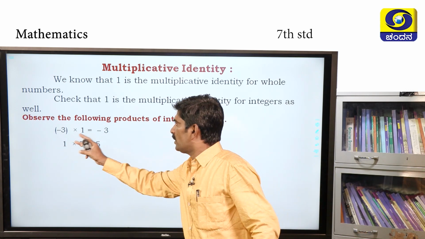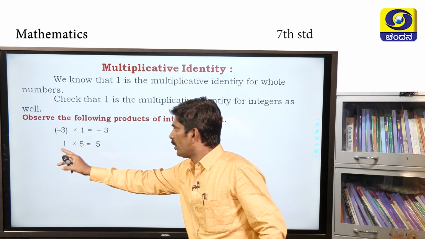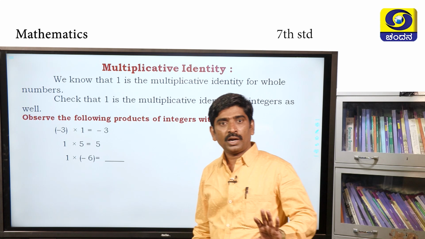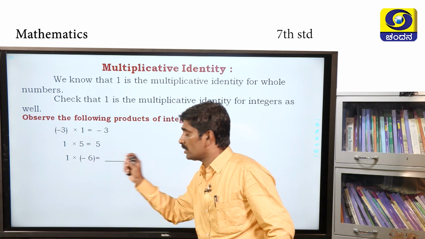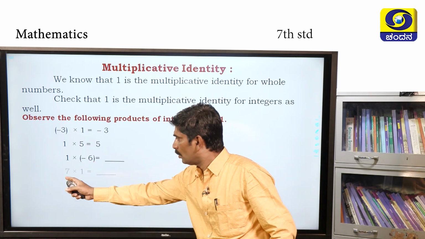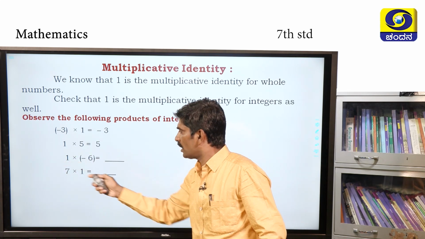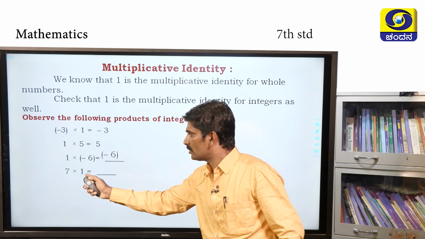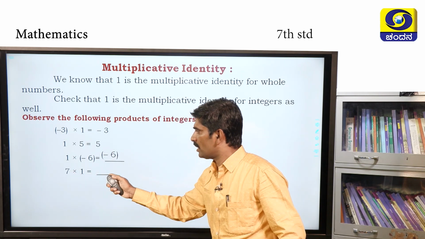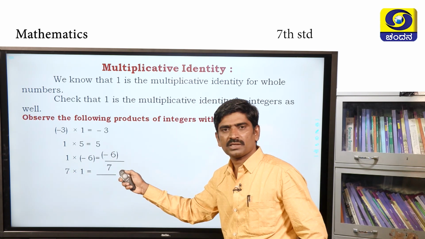Minus 3 into 1 is minus 3, 1 into 5 is 5, 1 into minus 6 is minus 6, and 7 into 1 is 7. Plus into minus is minus, so 6 ones are minus 6; plus into plus is plus, so 7 ones are 7.